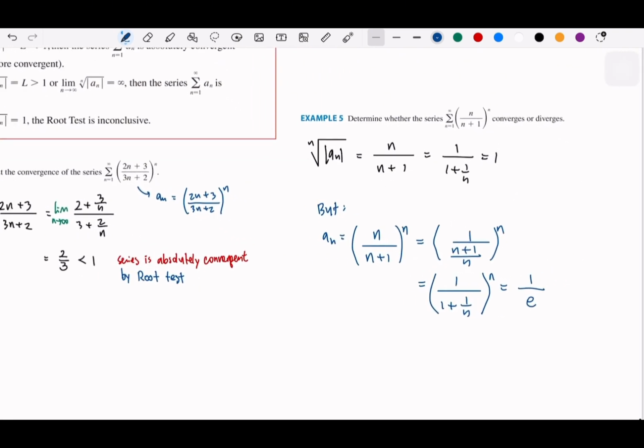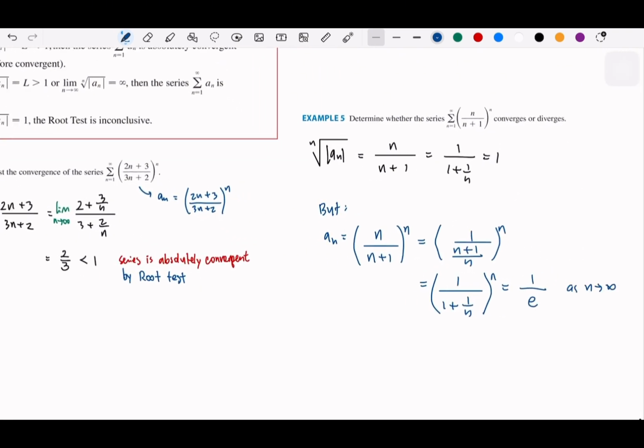So as n approaches infinity, the an will approach 1 over e. And since the limit of an is not 0, the series is divergent by the divergence test.